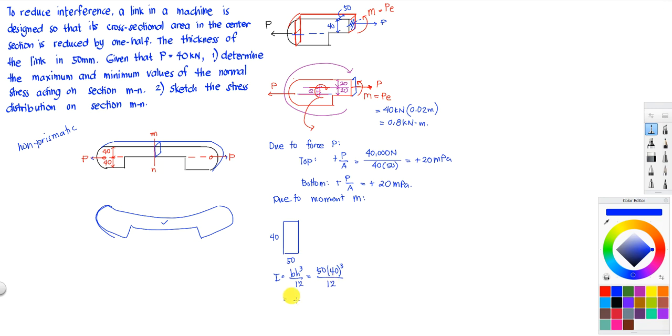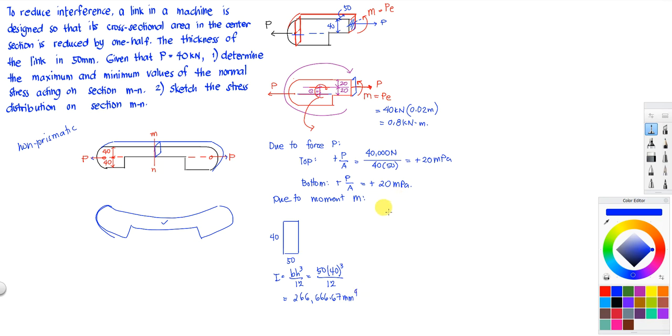So, you can have it as 50 times 40 cube all over 12. So, you can have it as 266,666.67 mm to the 4th. Okay, so I will store that at my A.